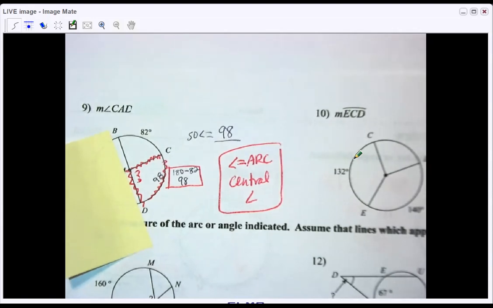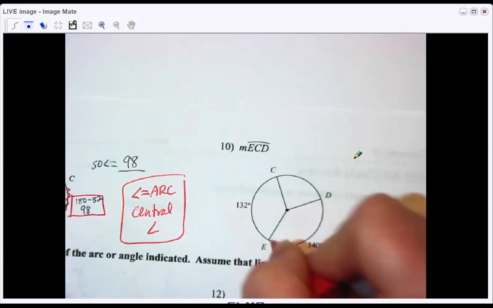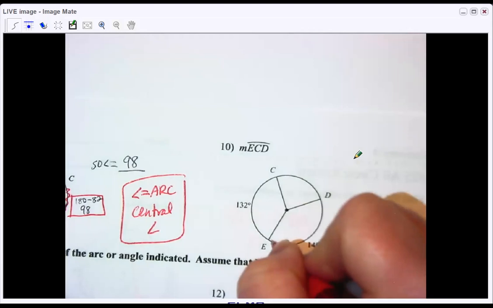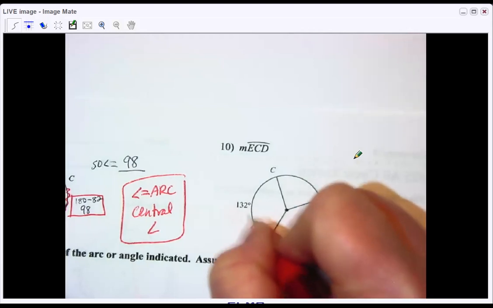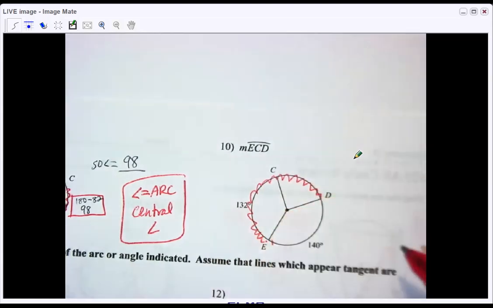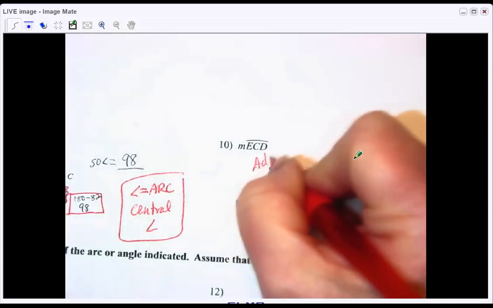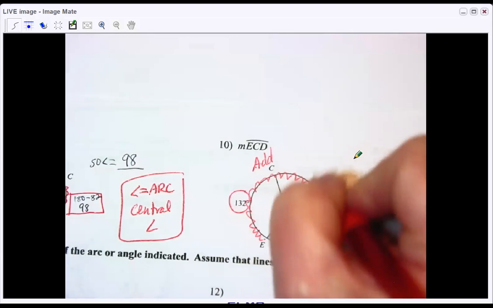Okay, so one last one of these. I'm probably going good. So you understand. All right, so arc ECD. So we start at E and we go to C, then we go to D. In order to do this, I need to add these two together.